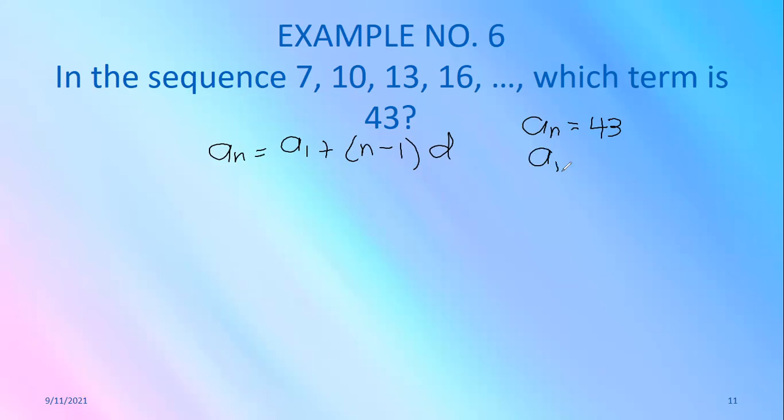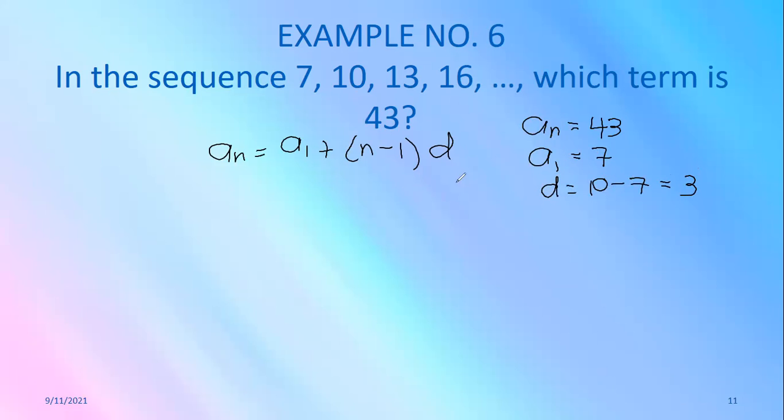Your a sub 1 is equal to 7. The number of terms is what we're looking for. The common difference is equal to 10 minus 7, which is equal to 3. So all given parameters are listed.